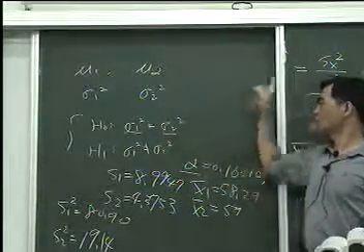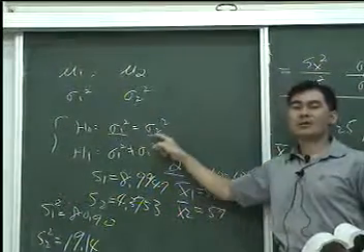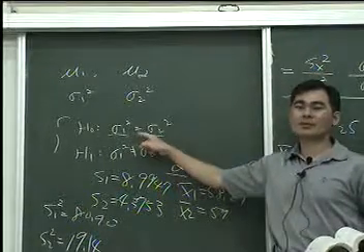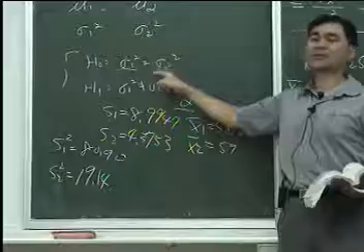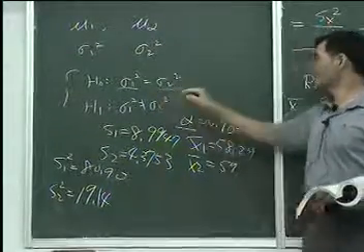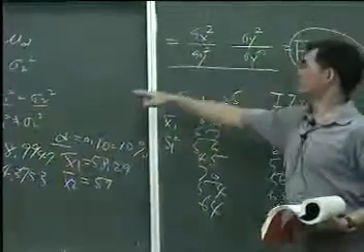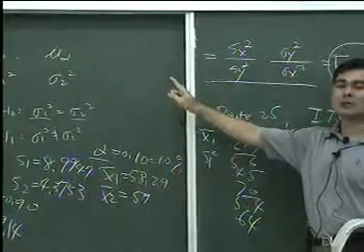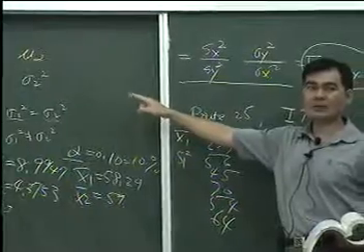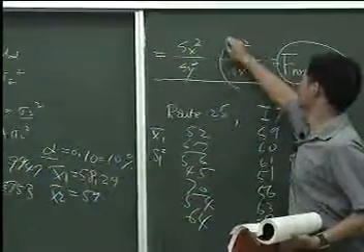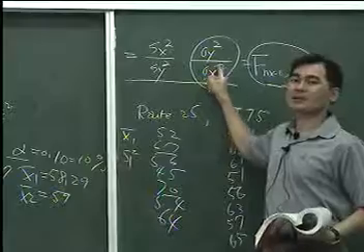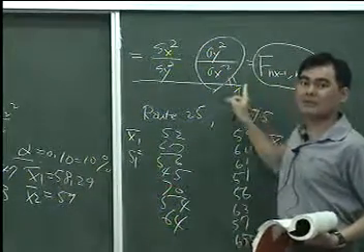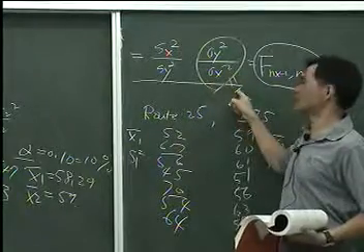We assume this is true under the null hypothesis, and we are going to test whether it is true. Under H naught, this ratio is equal to 1 if H naught is true.